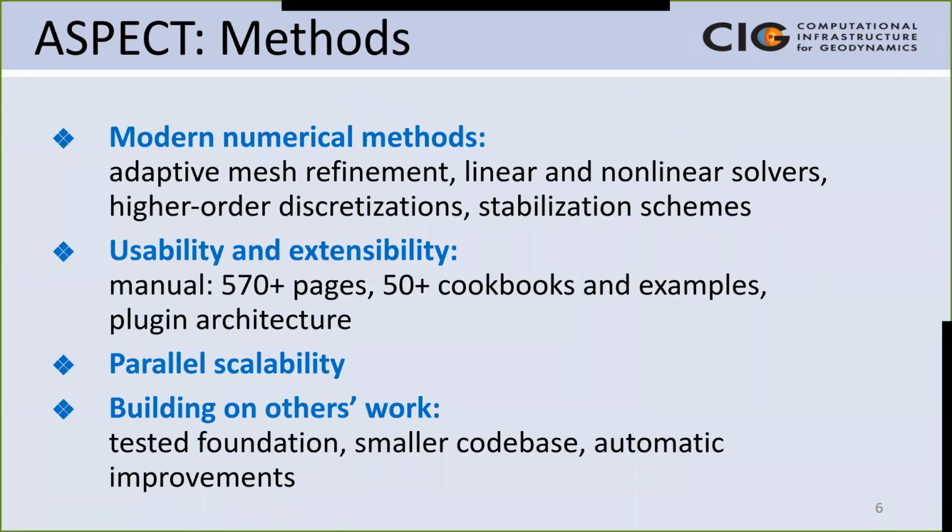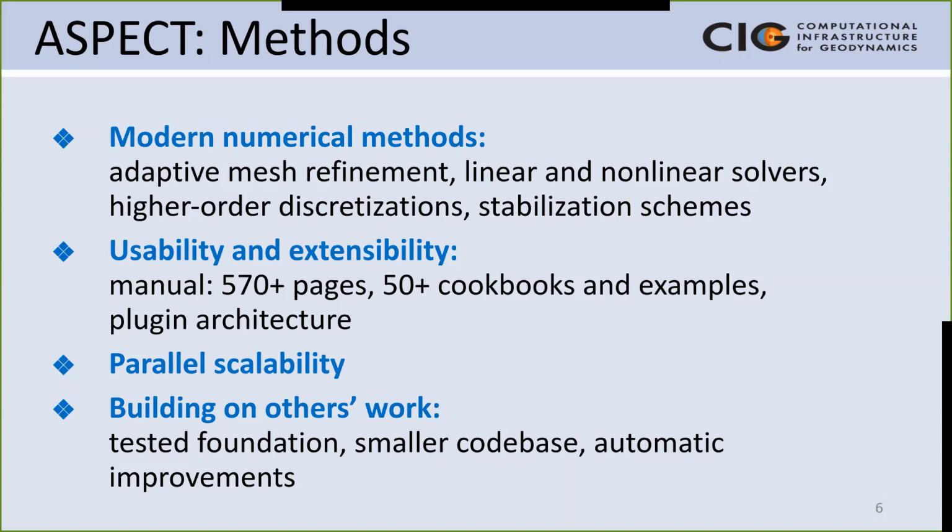What's behind Aspect is the philosophy that we adopted when we started this code, and that we have stuck to over the years as we develop it. It is a code that is intended to incorporate all of the modern numerical methods. We have roots in the mathematical finite element community, and so one of the things that we always wanted to do is to use the best numerical methods that we have today, and that includes, for example, adaptive mesh refinement.